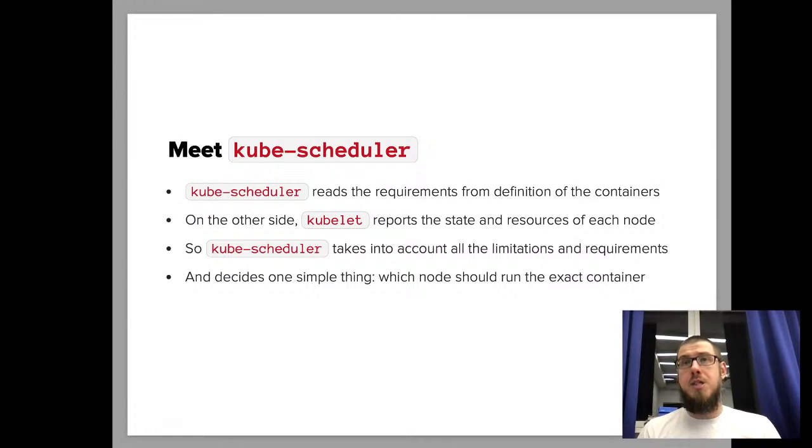So kubelet reports, okay, I am node A, I have 16 gigabytes of RAM and 4 processors, and I have 8 gigabytes of free memory, for example, and my average load is X, etc. Kube-scheduler takes into account all the limitations and requirements and decides one simple thing: which node in the cluster should run the exact container we have to schedule.